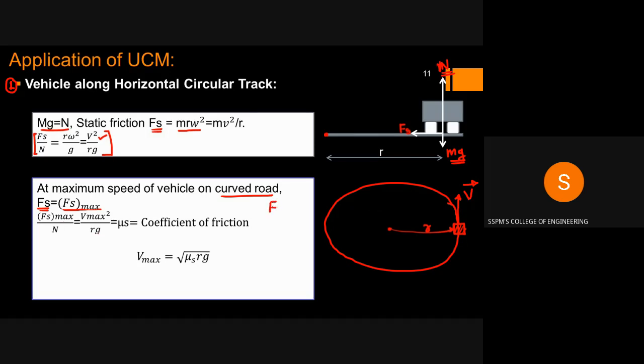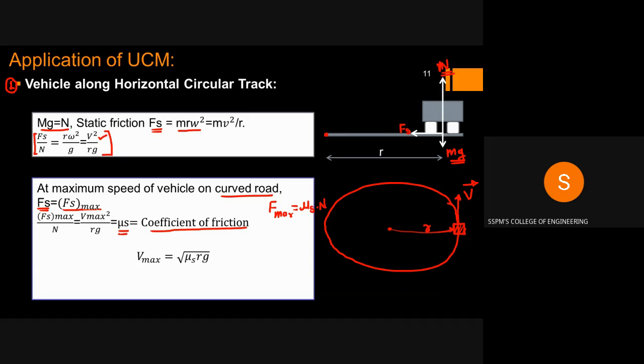Okay, now from the equation of the static friction, we have limiting friction fmax, which is equal to coefficient of static friction into normal reaction. Okay, so we can replace this fmax upon N by mu s, the coefficient of static friction.